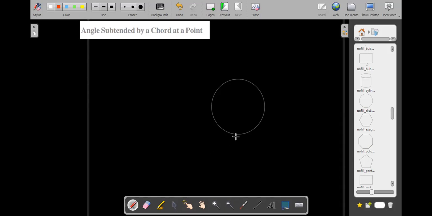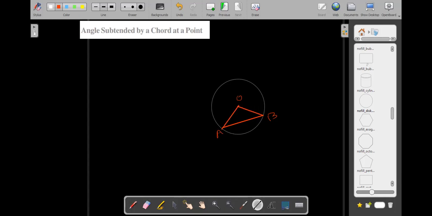If you draw a chord, this is a chord, AB is a chord. The angle subtended by a chord at a point. So at which point can it subtend the angle? Center. Angle subtended by the chord at point O. It can subtend an angle at the center.